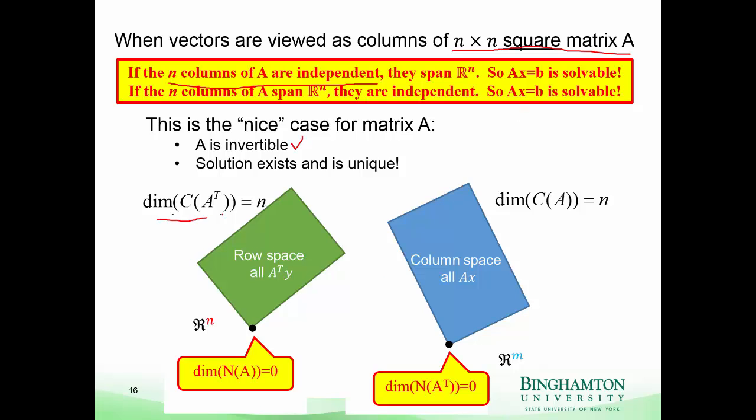So the dimension of the row space is n. The dimension of the column space is n. So n minus n will be the dimension of this down here. And really this m here should be rewritten as n in this case. So our dimension of each of the two null spaces is 0. Just a little dot, just that zero vector in the quote-unquote corner of the row space, and in the quote-unquote corner of the column space.